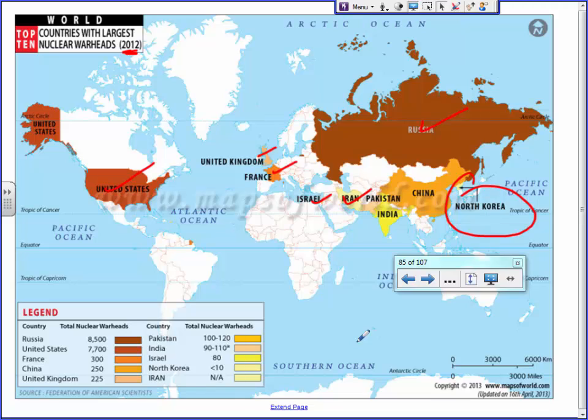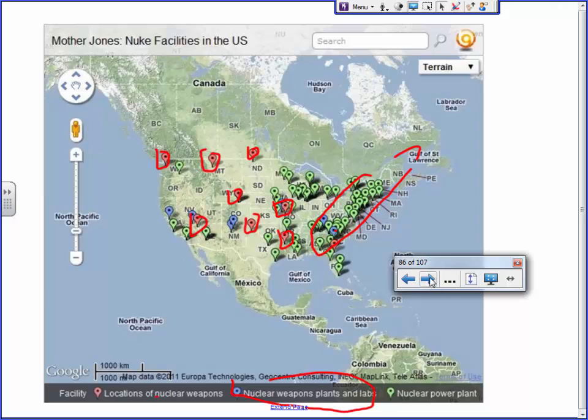So what about nuclear disarmament stuff? Like what's happened in terms of that? Do you guys talk about this in social studies? Do you know? This one here. Yeah.